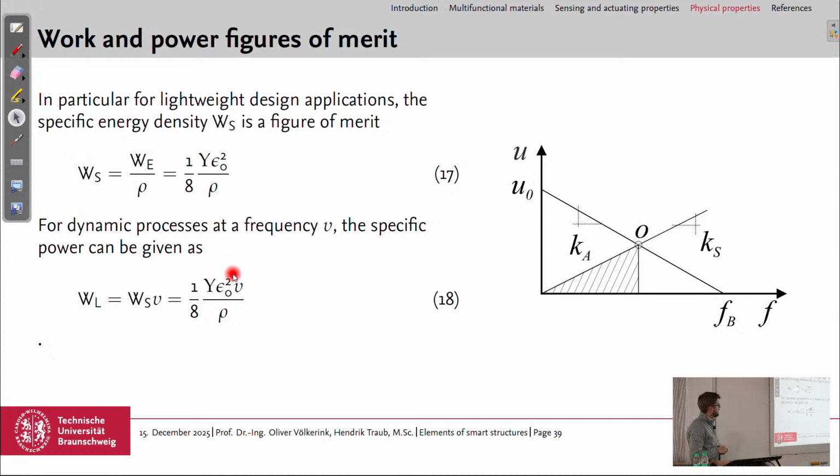And for dynamic processes, we have also a specific power WL, which is WS, the energy density, times the frequency. But we will not look much into dynamic processes in this lecture. In the lab, everything we do is more or less static.